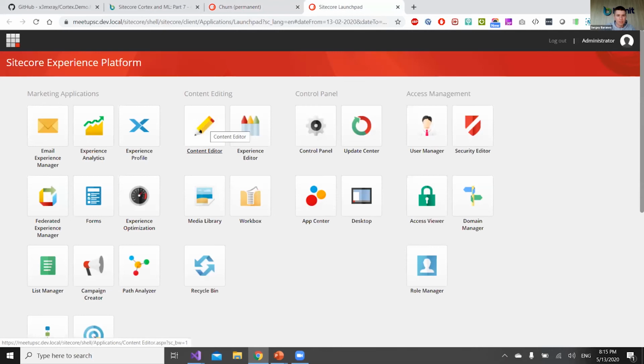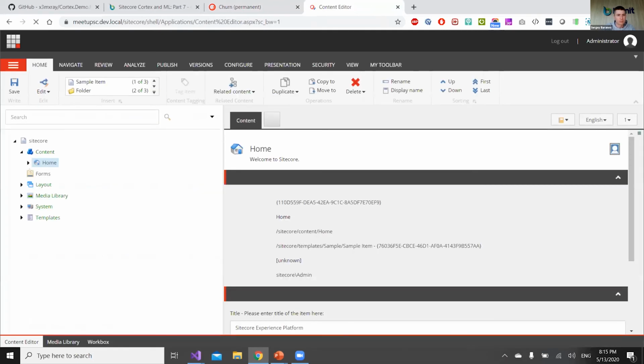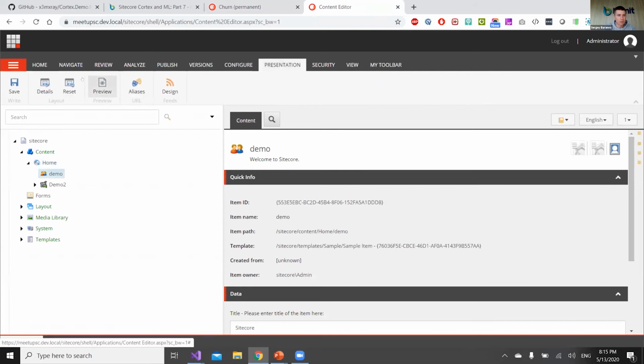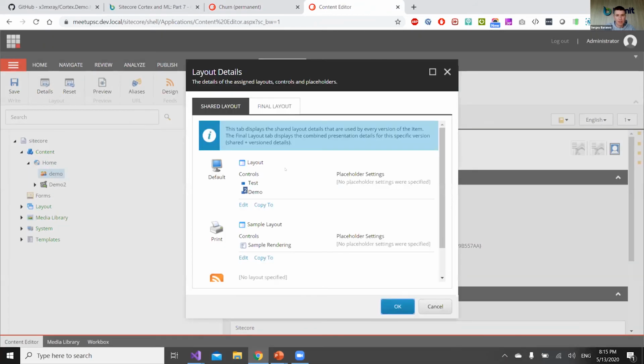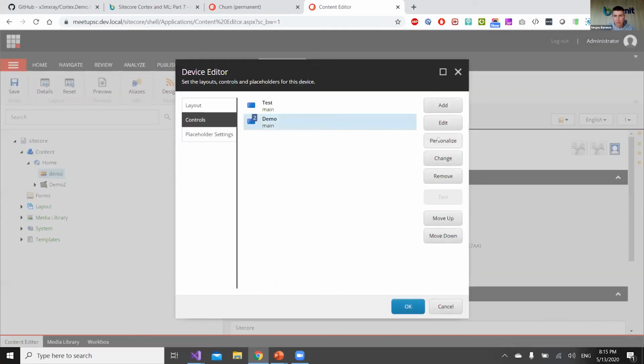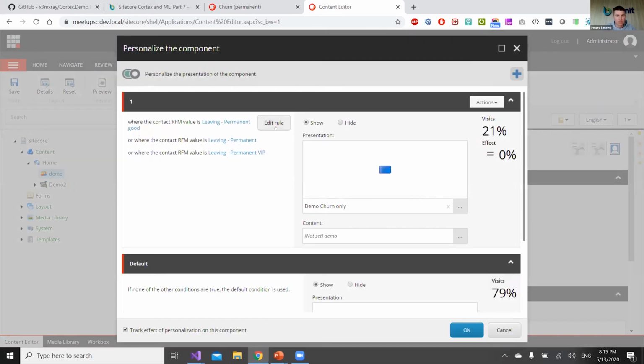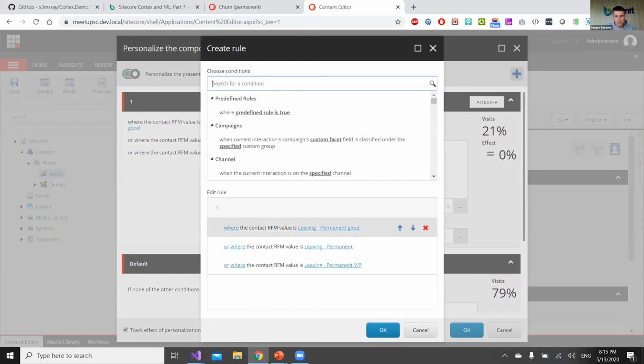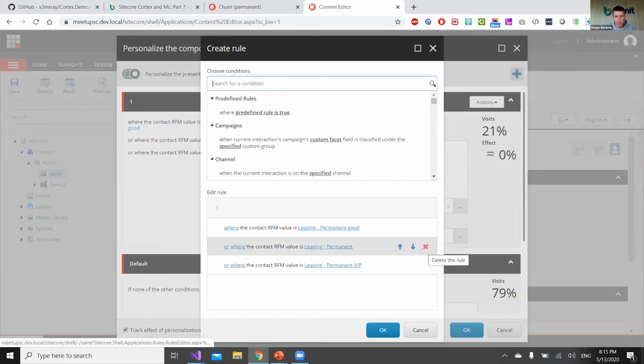I have a demo page where we can personalize the rendering.